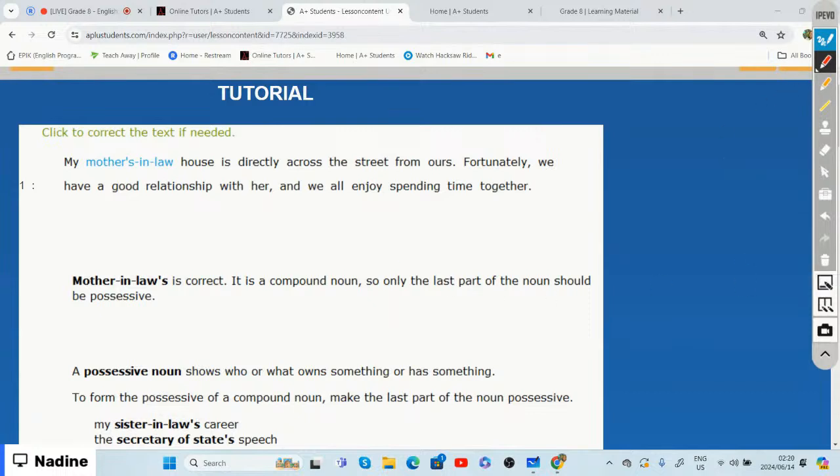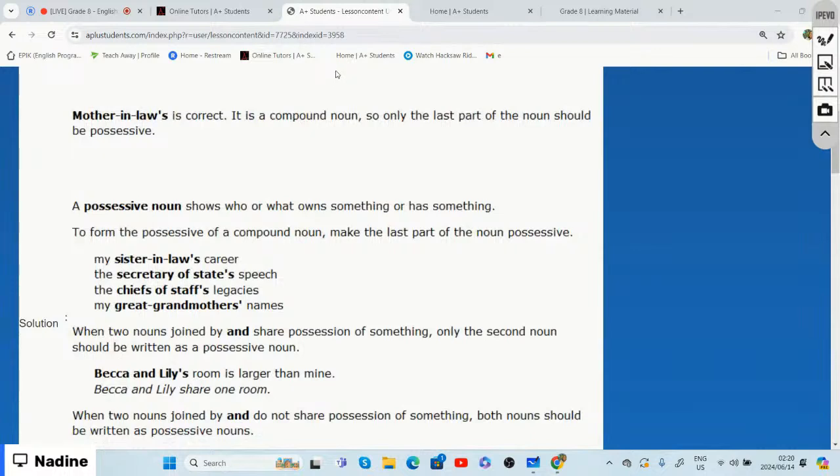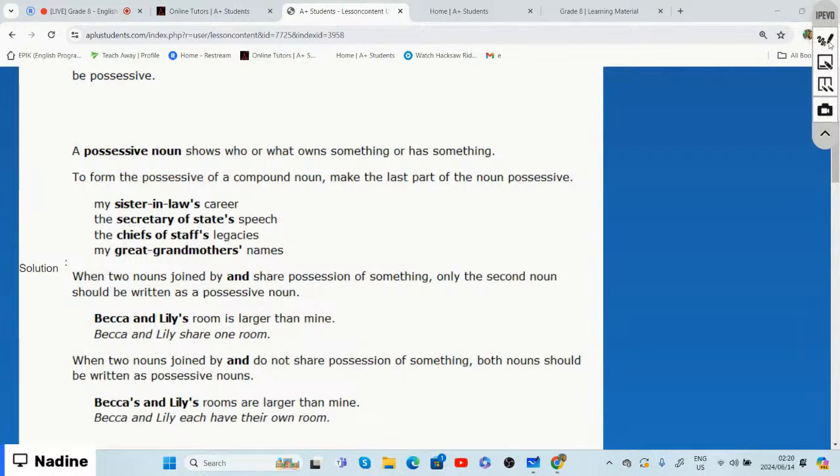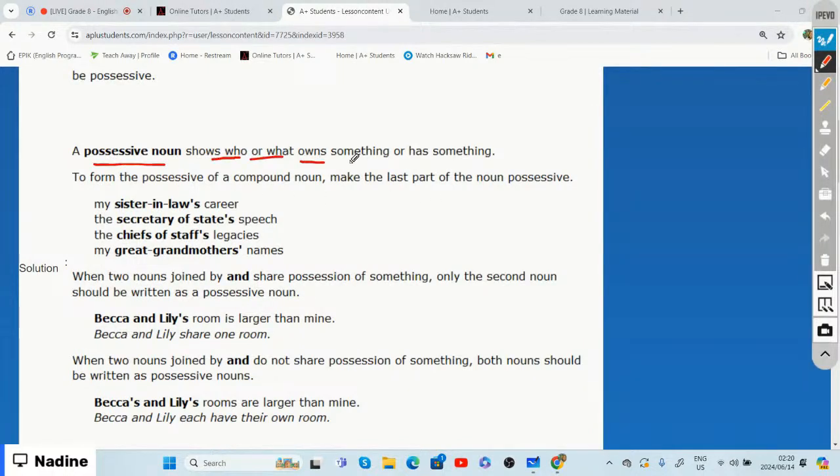All right. And we see that a possessive noun shows either who or what owns something or has something. That is possessive nouns.